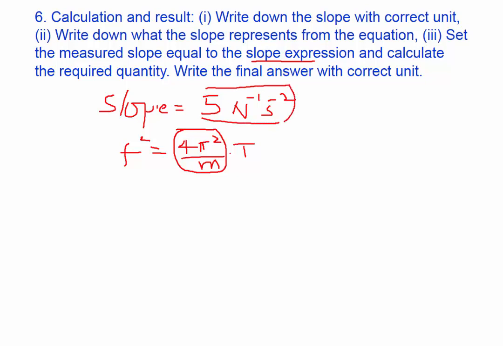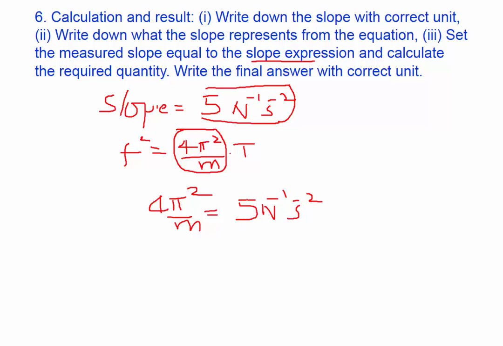This is what we measured from the graph. So you must come here and say 4 pi squared over m equal to 5 Newton to the -1, second to the -2.